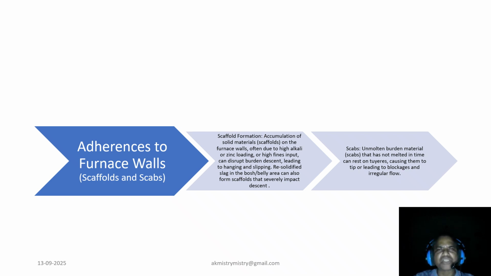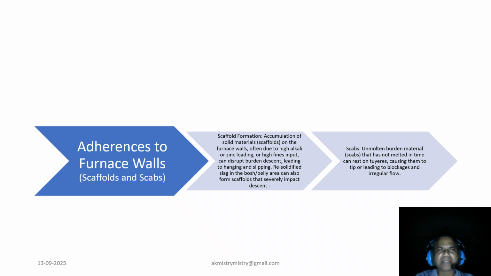If uncontrolled, this zone can reach the tuyere level and solidify, causing a severe chill and persistent hanging. And insufficient gas reduction is also one of the phenomena which shows its symptom in the upper furnace, often due to high moisture or fines, forcing more direct reduction in the lower zone. This accelerates descent and consumes coke more quickly, contributing to operational instability.